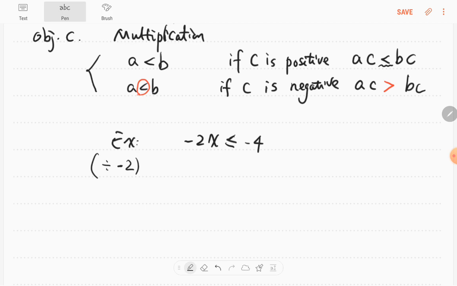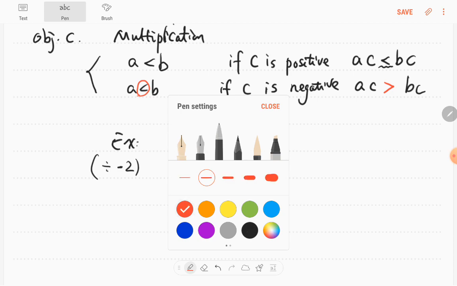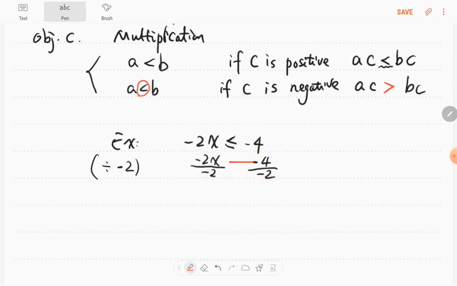Dividing by negative 2 means times negative 1/2. So C here is negative, so we should be very careful about the sign. You can write the terms on both sides first. Then make sure you know this time the direction is reversed. So this time we have this.